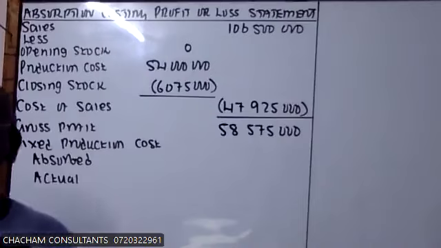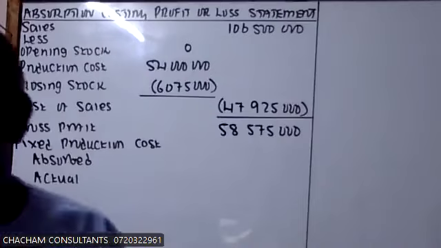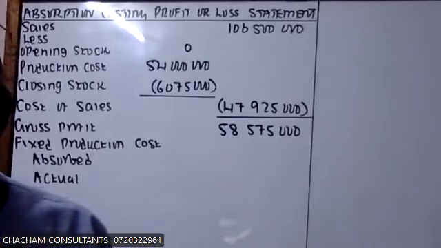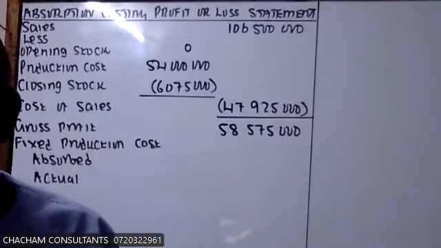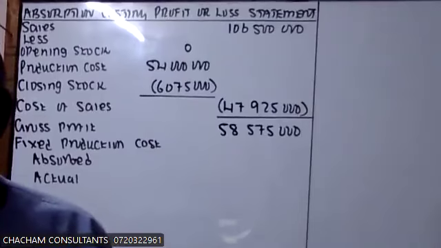Now, this question is telling us, according to information 3, that actual fixed production overheads was 300,000 less than the absorbed.